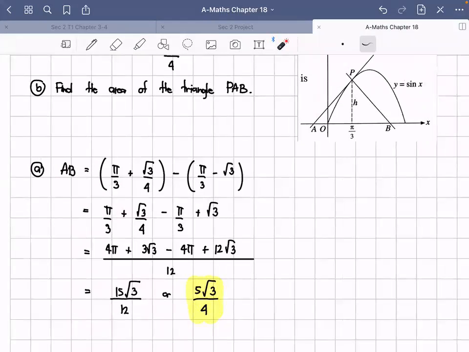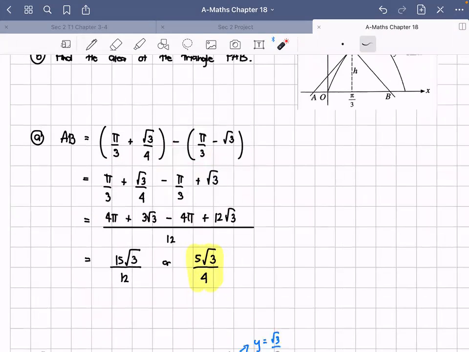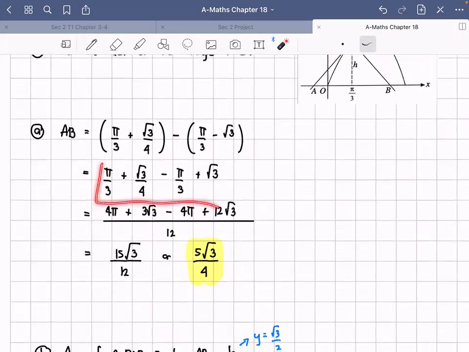Basically you just need to simplify this. Removing the negative sign, everything here becomes the opposite. So this is negative pi over 3, and negative times negative root 3 is positive root 3. What do we do after this?